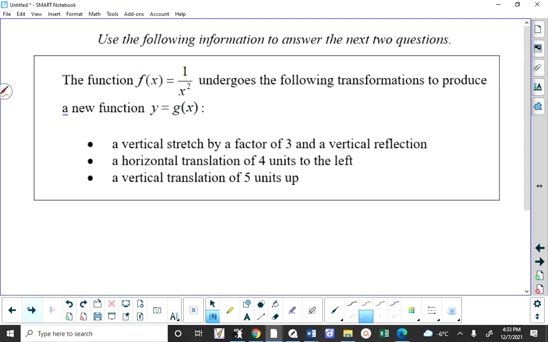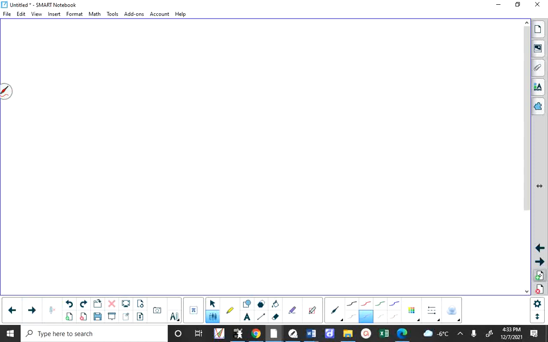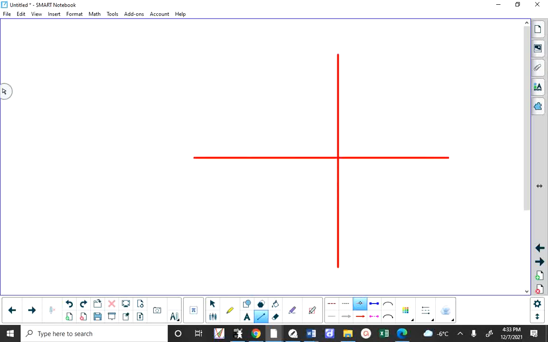And I think what a lot of you did with this question to begin with is you said, well, I know that y equals 1 over x squared has 2 asymptotes. One is on the x-axis and one is on the y-axis.